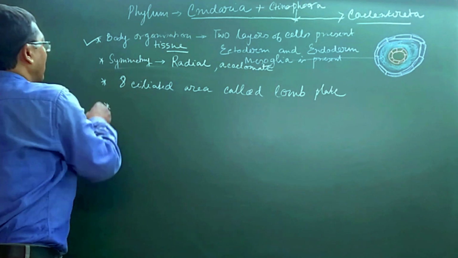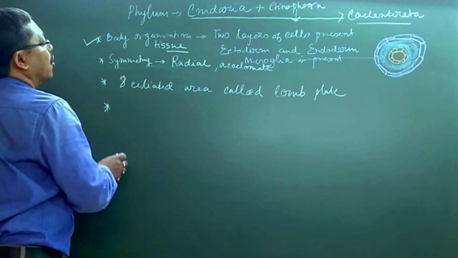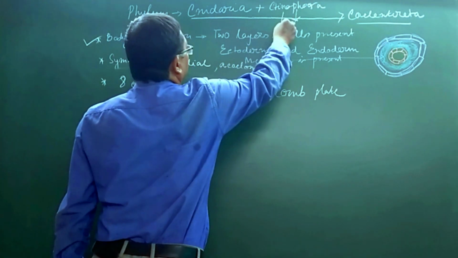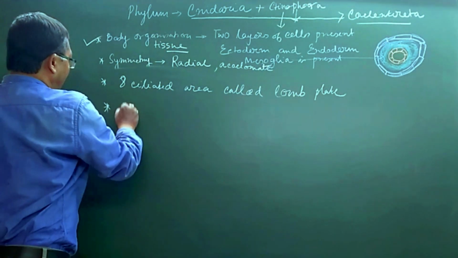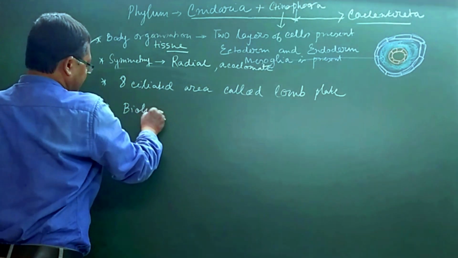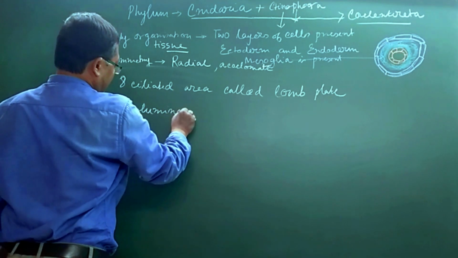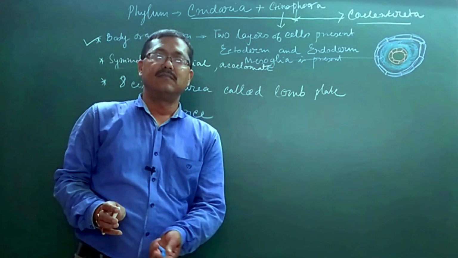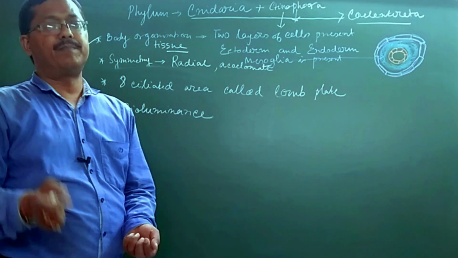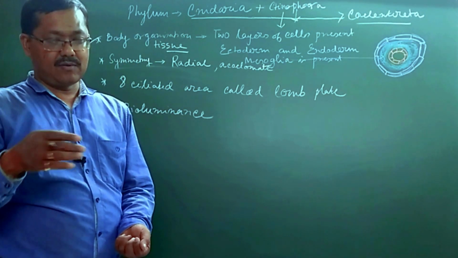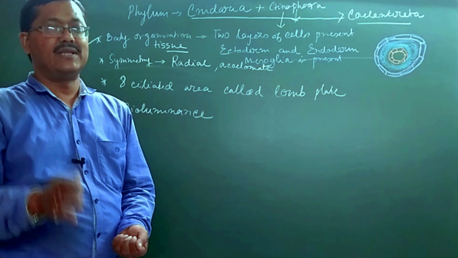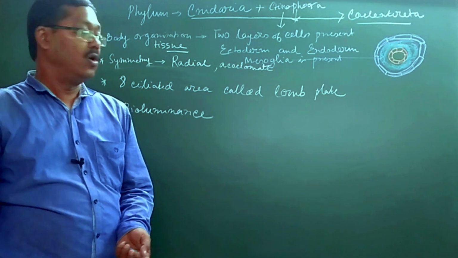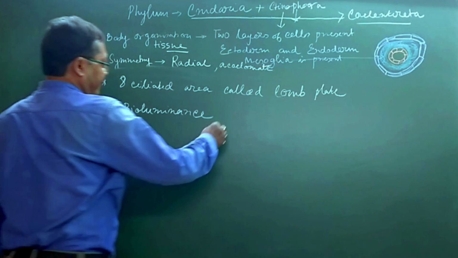Some members of the phylum Ctenophora show bioluminescence. That means they emit some special type of radiation when we illuminate them with UV light. This is the bioluminescence property.